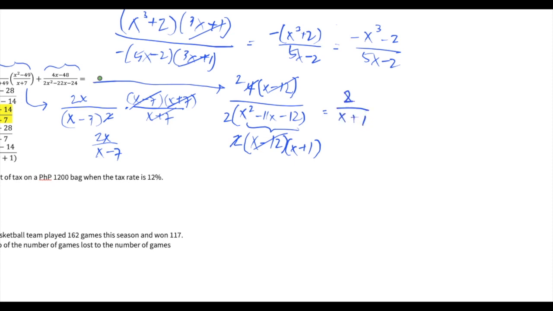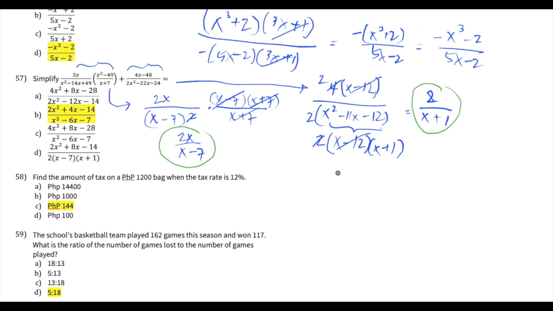Okay, so what we will add here would be this one, 2x over x minus 7 and 2 over x plus 1. We have 2x, x minus 7 plus, okay, the denominators are already prime. So, the LCD is just x minus 7 times x plus 1.